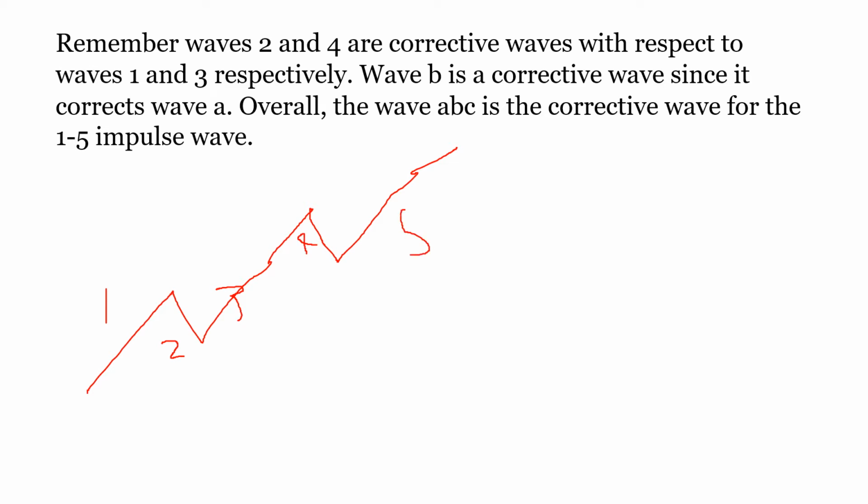So the corrective waves would be 2 and 4. Wave B is a corrective wave since it corrects wave A. Overall, the ABC is the corrective wave for the 1 to 5 impulse wave. Remember that the ABC pattern is this one.